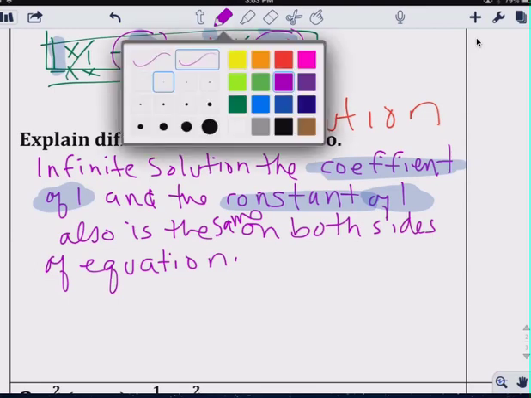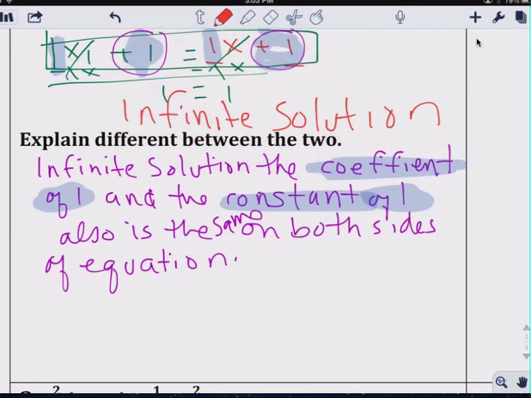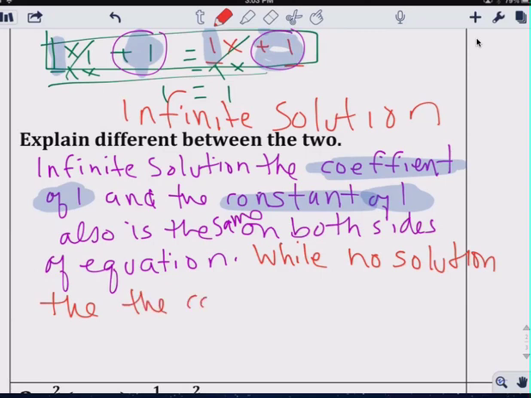How about no solution? They don't have to have the same constant and coefficient. No, the coefficient has to be the same. Oh wait, the constant has to be different. While in no solution, the constant has to be what?